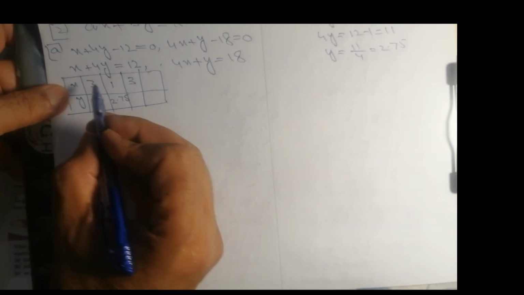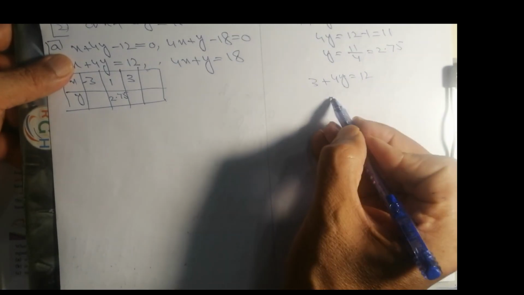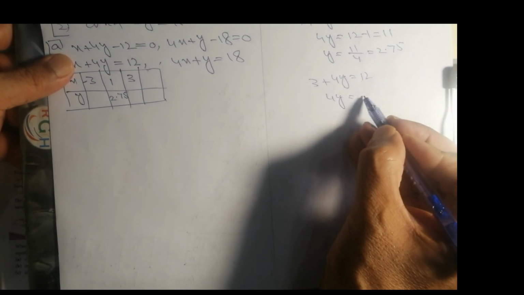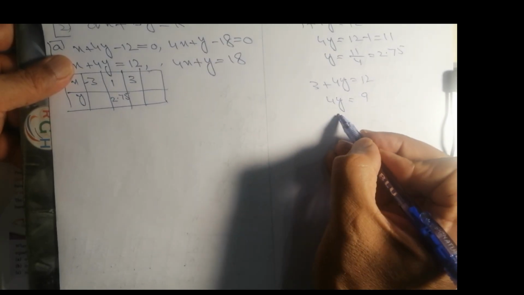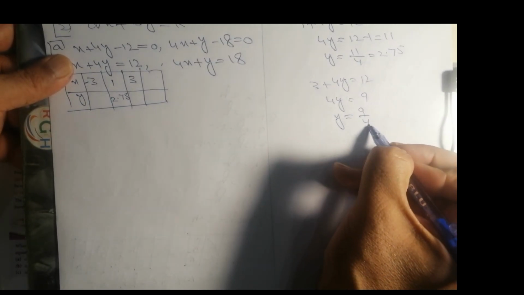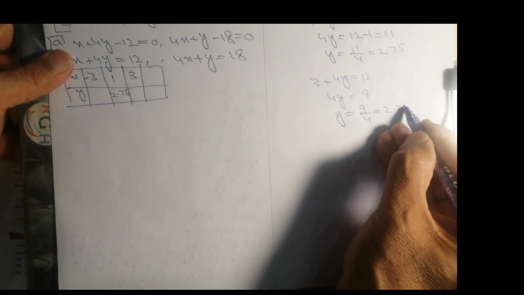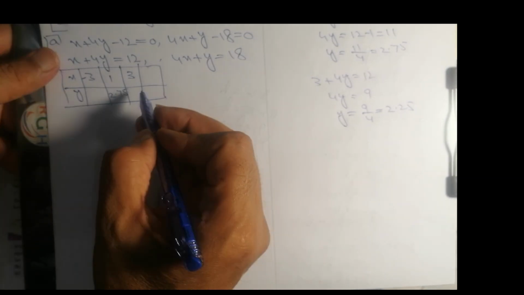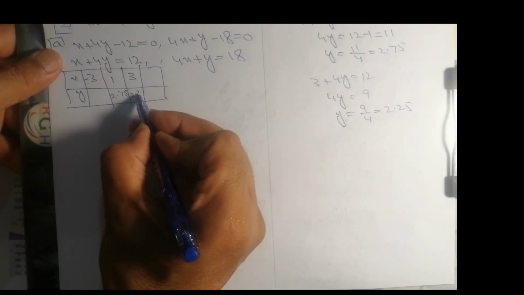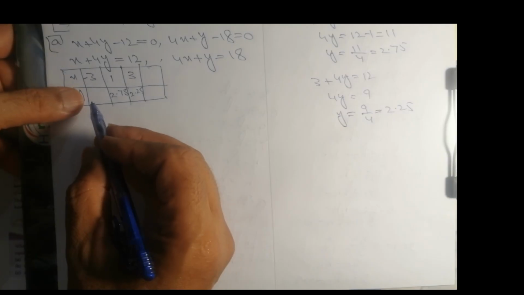Now take the value 3 in the same equation. 3 plus 4y equal to 12, 4y equal to 12 minus 3, 9, and y equal to 9 by 4. So 9 divided by 4 is 2.25. So 2.25 and minus 3.